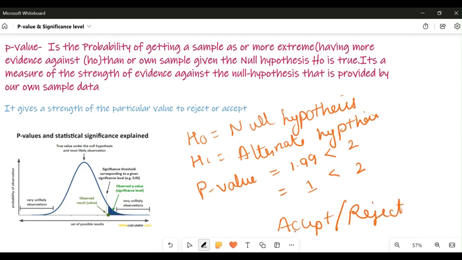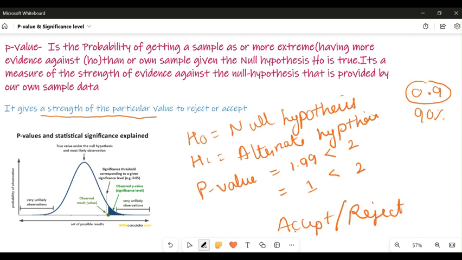But the probability gives the strength of the particular value. So if it says your strength is around 0.99 to accept it, it means that around 90 percent it's saying to accept the null hypothesis. It means it has enough evidence to accept the null hypothesis.